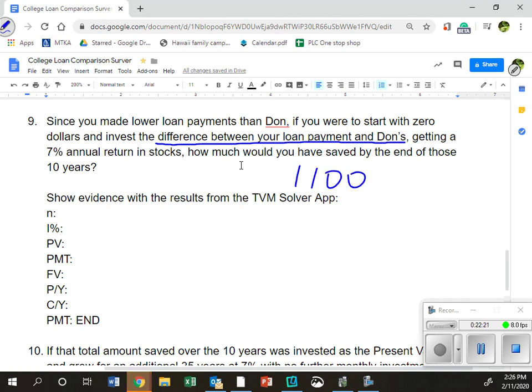Do you get that your loan payment was like $350? Do you get we're subtracting those two? Difference means subtract. So do you get that difference is about, I'm not going to give you the exact number. You have to figure it out. Do you get it's about $700 a month? So that's the amount that you're going to invest, $700 per month. For how long?